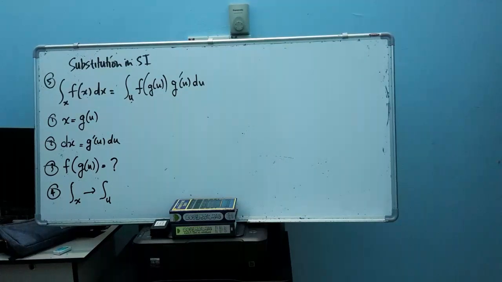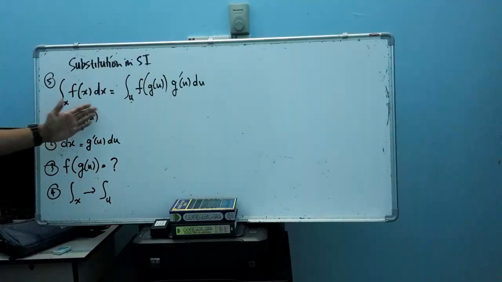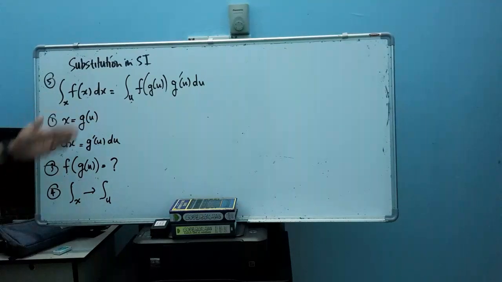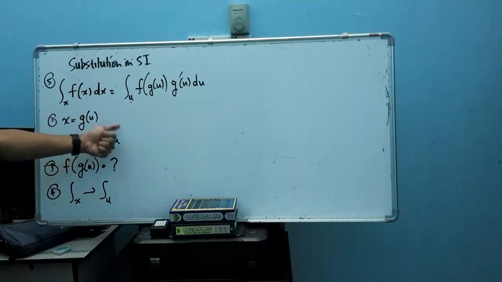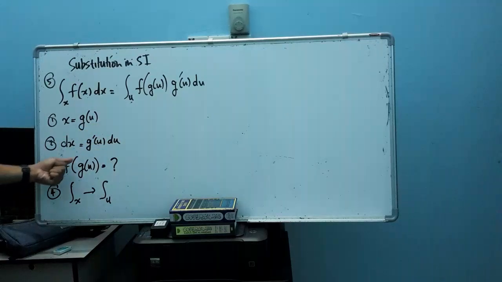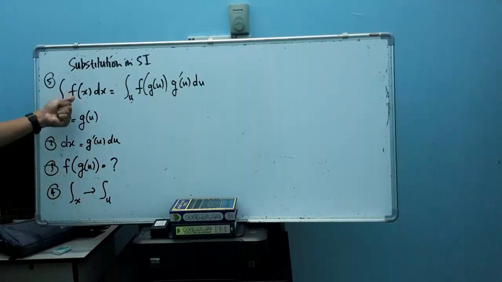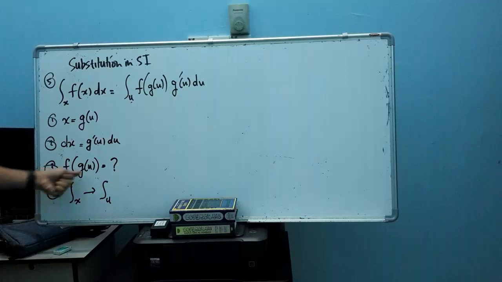So we have 5 steps here, right? First step, we let x equal some function depending on u. The second one, we find dx. Number 3, we substitute to find f of g(u).